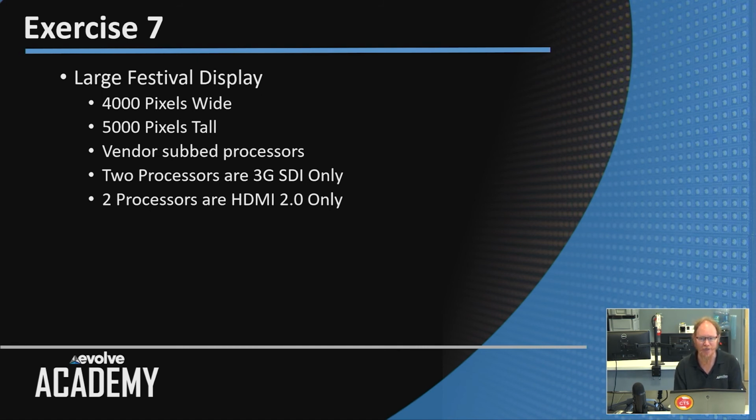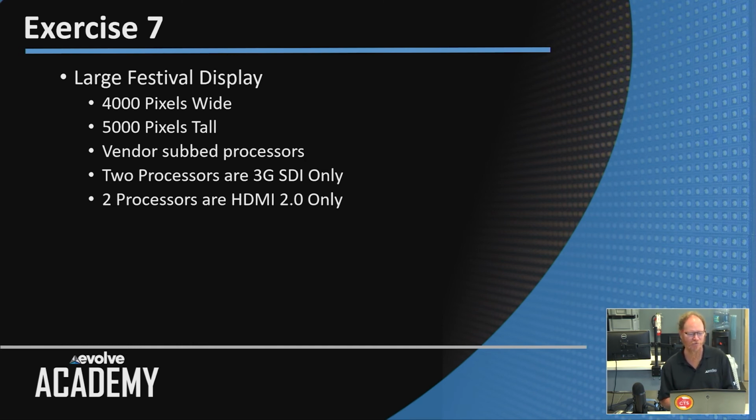We are assuming the no-name processors are all non-scaling processors, so that they don't have any scalers that will impact the pixel clock coming out. So they're non-scaling processors. We're going to do all the scaling in LivePremier.